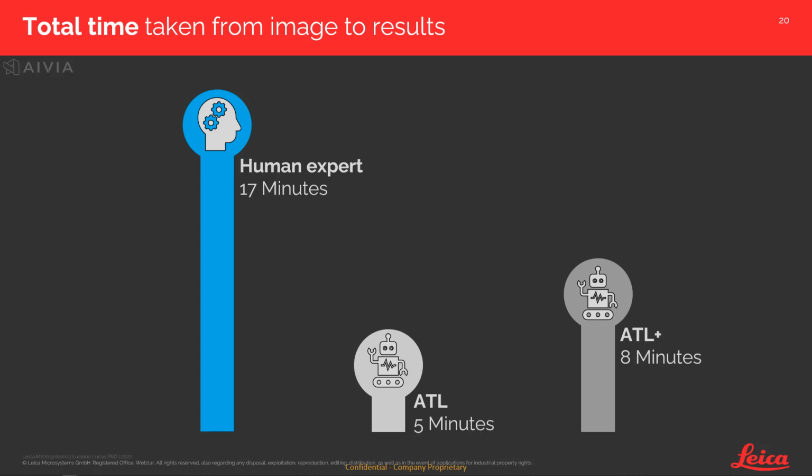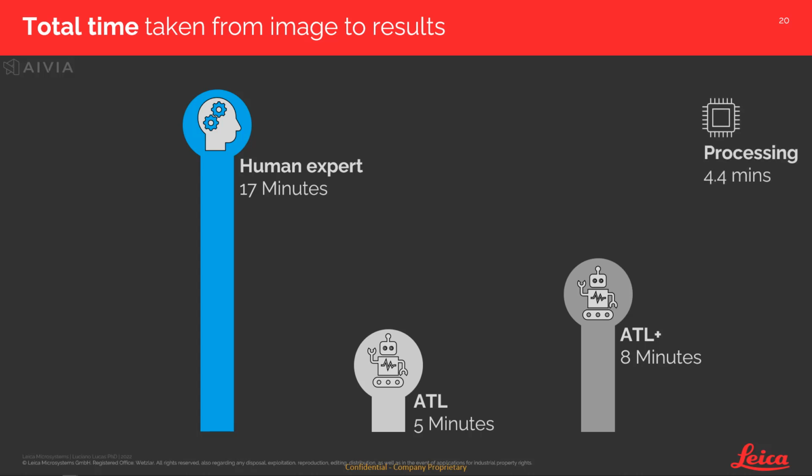So Aivia That Learns plus indicates the autonomous result created by Aivia That Learns, plus a human expert doing some tweaks to the results. And that's an additional 3 minutes. So in total, it takes 8 minutes.